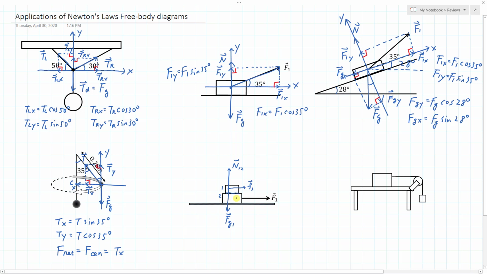And for the bottom box, I guess I need to draw it somewhere else. So why don't I do this? Okay, so here's the top box.